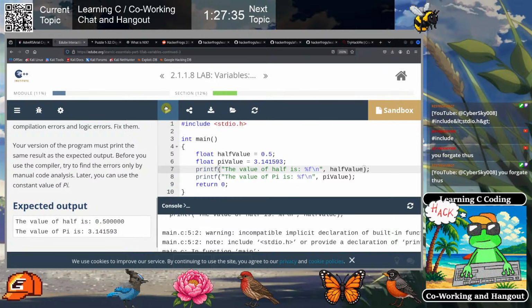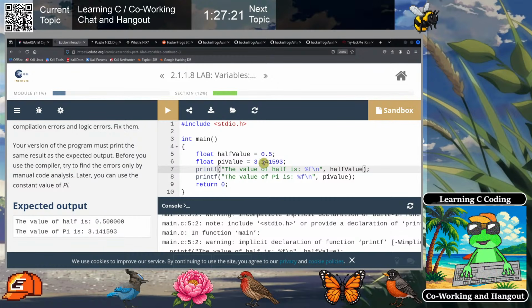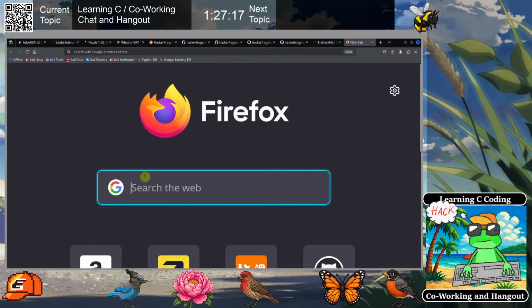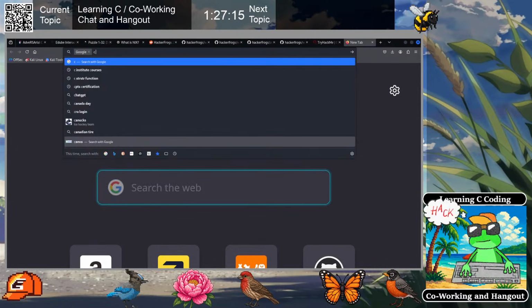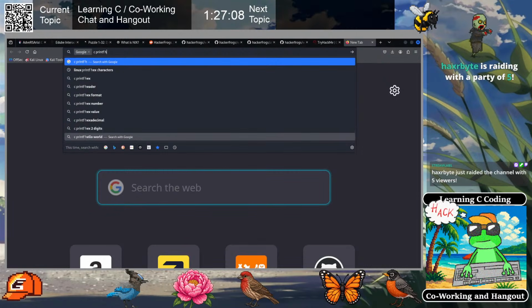Okay, let's run it again. Now we've got a different one: implicit declaration of function printf. What do we need to include for printf? See printf include.